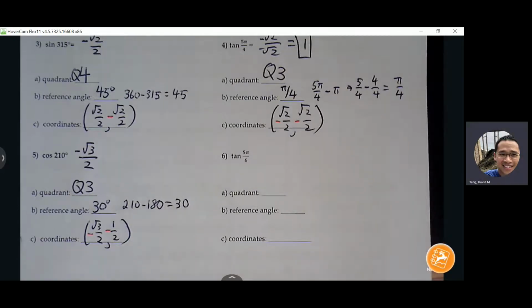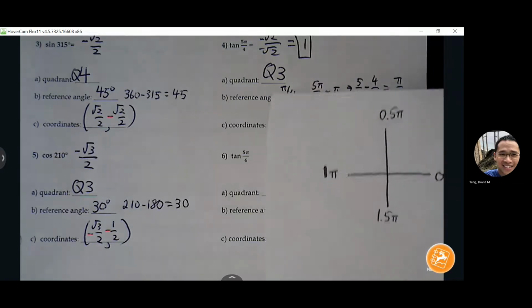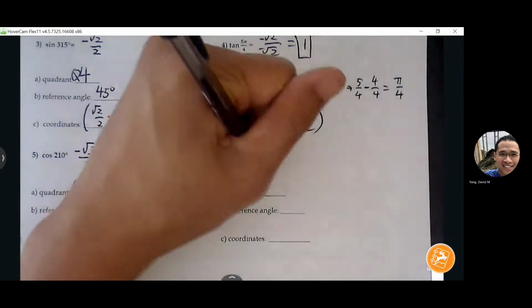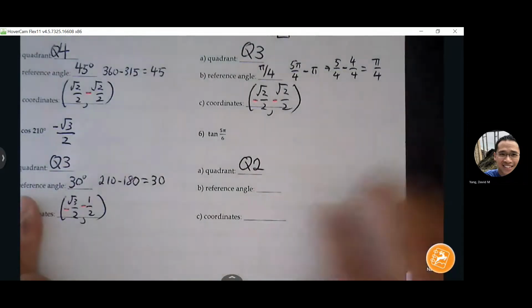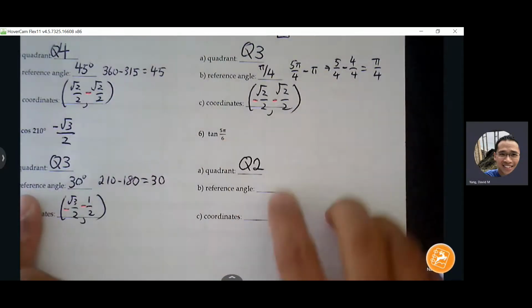Last one, tangent of 5 pi over 6. 5 over 6 is less than 1. So which quadrant is that in? Second quadrant, yeah. You have to involve pi if you want to find the reference angle.